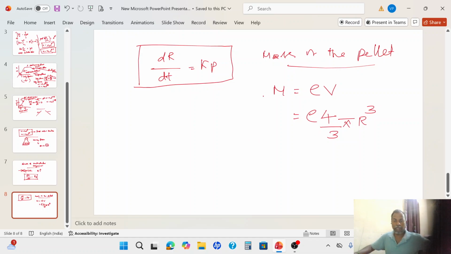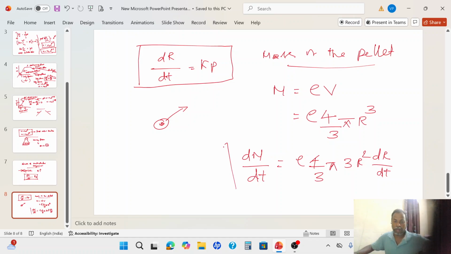Hence, when the radius increases, the mass of the cell also increases. Hence, this can be written as dm by dt is equal to rho into 4 by 3 pi 3 r square into dr by dt. So when the mass changes, the radius will also change. So it can be replaced like this.